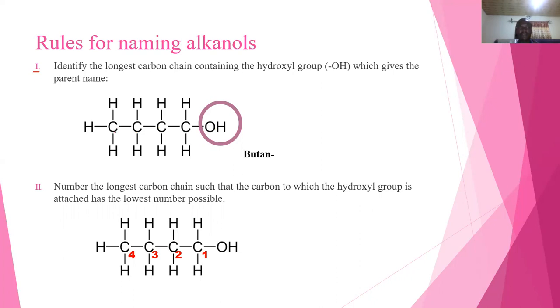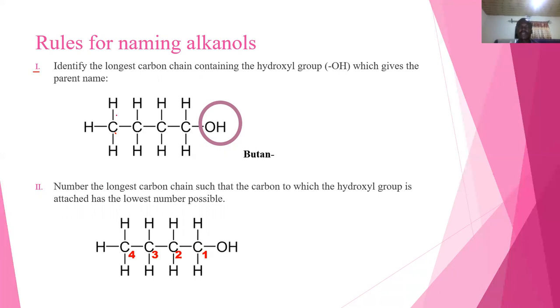And here we'll have 1, 2, 3, 4. So 4 carbons from the alkanes is butane. But in alcohols, we know that it will be butanol.